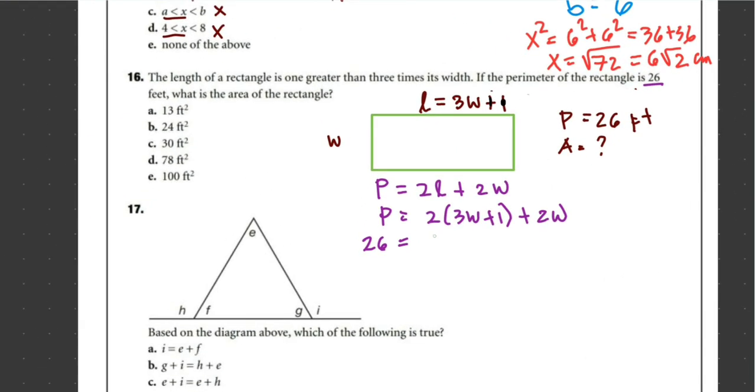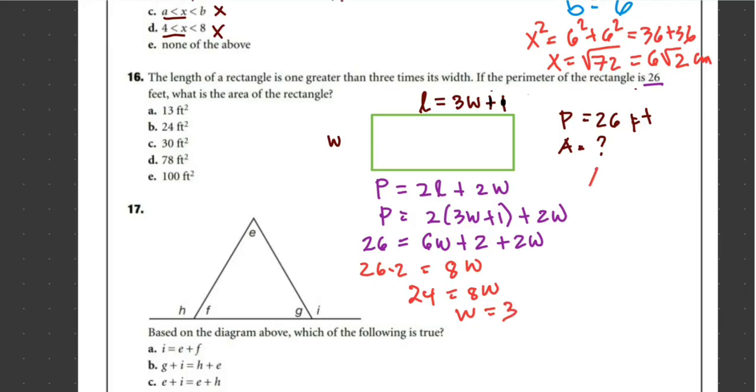And we simplify. So this is 6w plus 2 plus 2w. We group like terms. 26 minus 2 is 24. 6 plus 2 is 8. Therefore, the width is 24 divided by 8 is 3, right? And now to solve for the area of the rectangle, that is length times width.